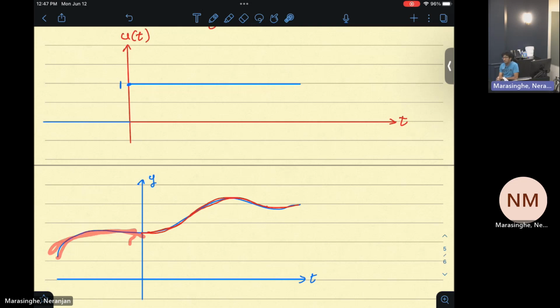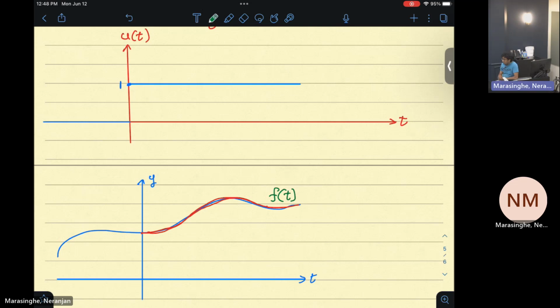You do not need this. How do you extract this red colored portion out of this graph? Any ideas? This is the graph of f(t). How do you extract this red colored portion?